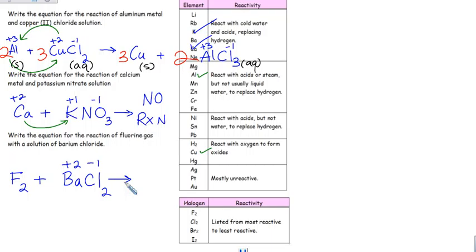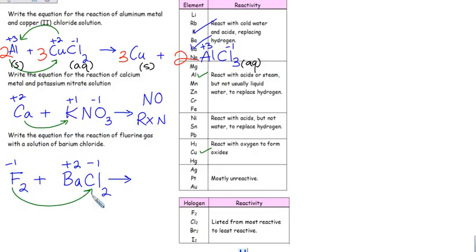Not the case. Barium is +2, and fluorine would normally be -1. You can't switch oppositely charged ions. Fluorine is negative, so he's actually interested in switching with the chlorine.